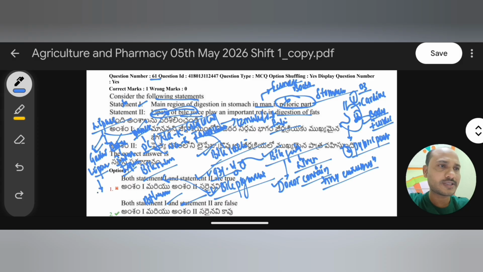Lipase helps to convert fat into fatty acids. But in emulsification of fat, the important role is played by bile juice, where bile salt plays the important role. So this statement is also wrong, because lipase is present only in gastric, intestinal and pancreatic juices. These two statements are wrong, hence both statement 1 and statement 2 are false. So the right answer is the second one.